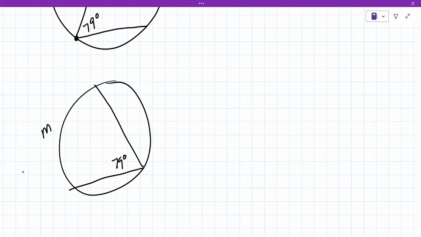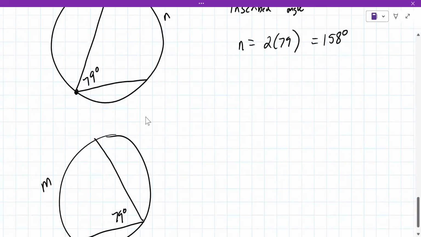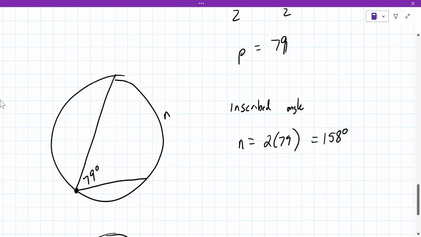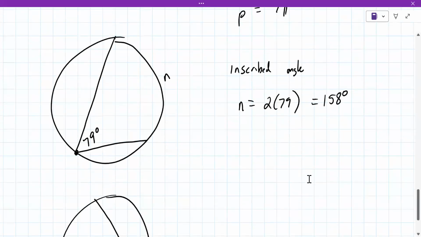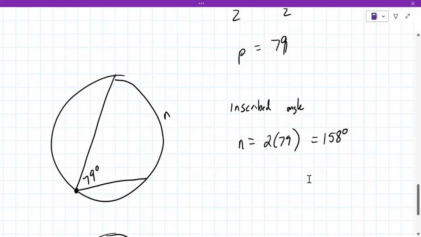How did we find N in the previous problem? What do you see on the screen here? It's not a mystery. It's written out. 2 times 79 equals 158. So we doubled this angle to find the measure of the arc.